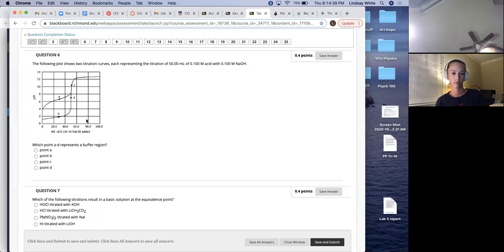So there's one which is 50 milliliters and the other one, oh, this is low concentration and this is, wait, what's the difference? Oh, this is supposed to be the same thing.